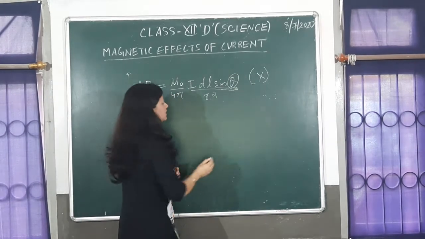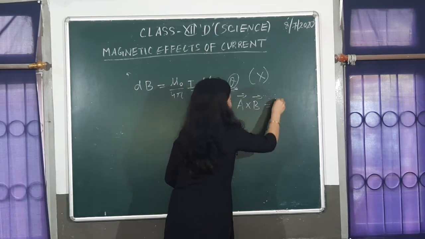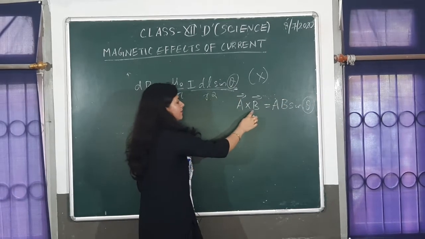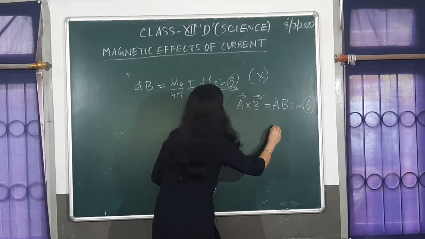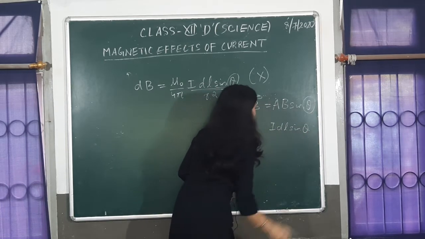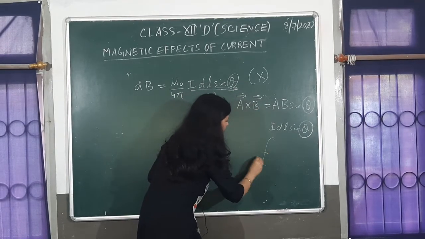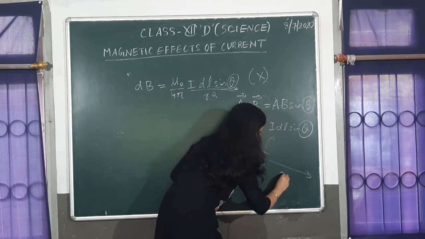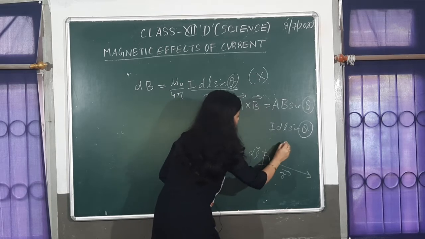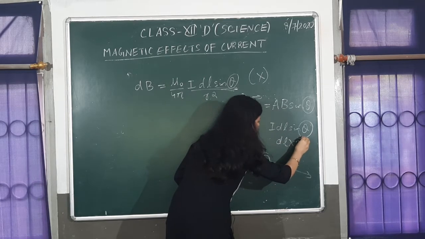Suppose you have A cross B. How do you write this in scalar form? It is AB sin theta, where theta is the angle between A and B. And here you have I dl sin theta to be written in vector form. What is this theta? The angle between dl and r. That means in place of sin theta you need to introduce dl cross r.